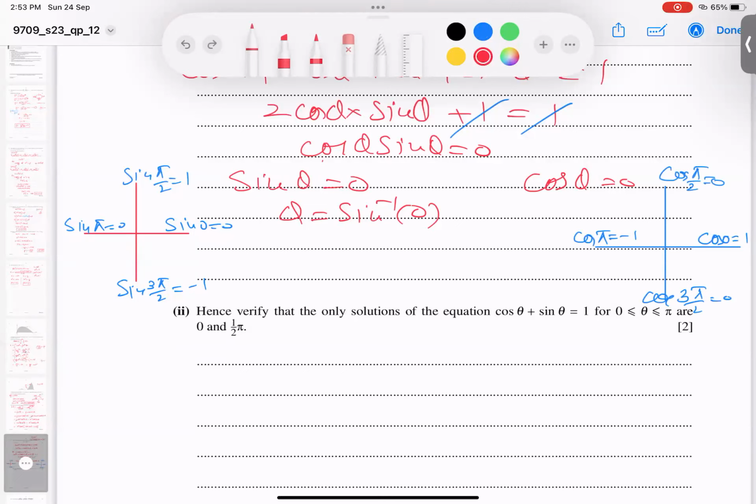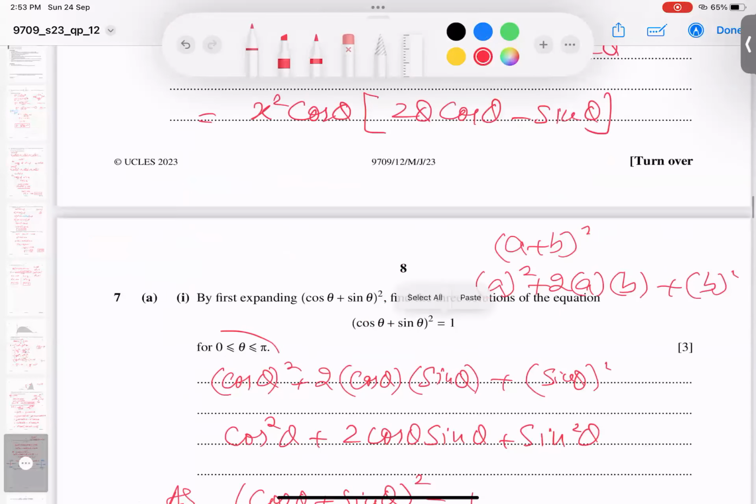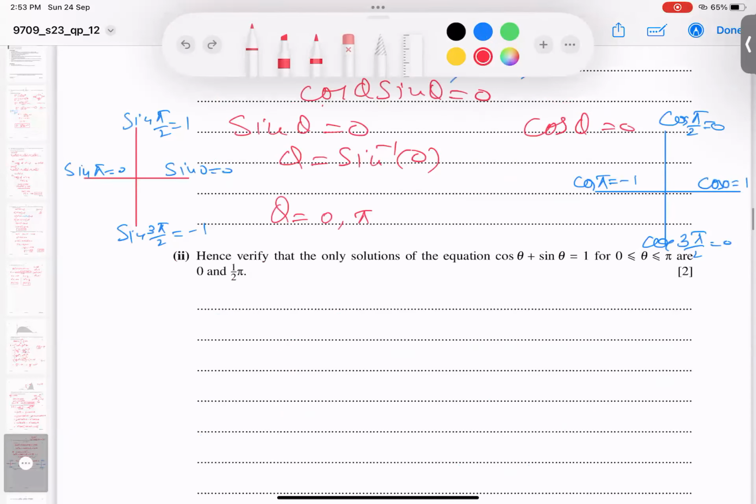So 0 and pi. And look here, because we have both answers and range. From cos 0, if I take cos inverse of 0, in short, I'm asking at which angles it's 0. So 3 pi by 2, but this is out of range. So the only answer I get from here is pi by 2. So we got 3 answers.